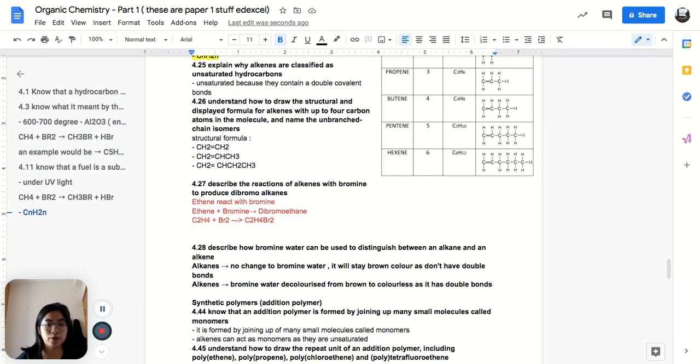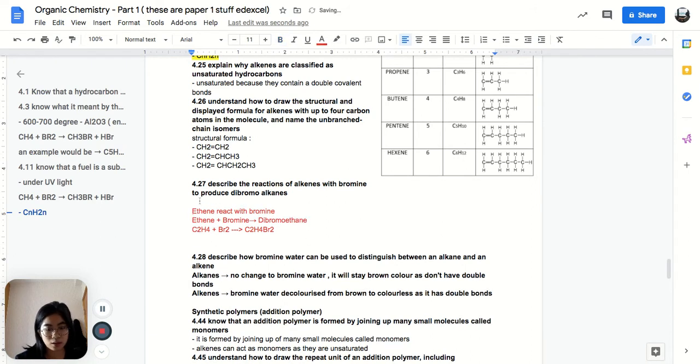4.27 is to describe the reaction of alkene with bromine to produce dibromoalkanes. So that is an addition reaction, and as I mentioned in the introduction, I have already introduced addition reaction to you. Basically, ethene reacts with bromine, which is a halogen.